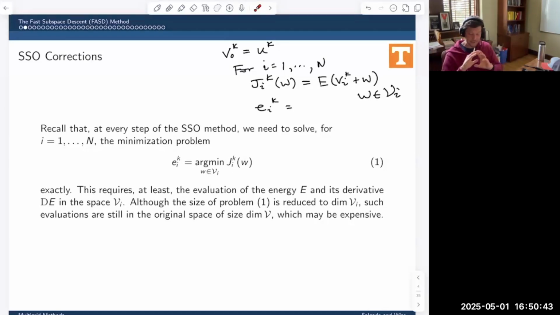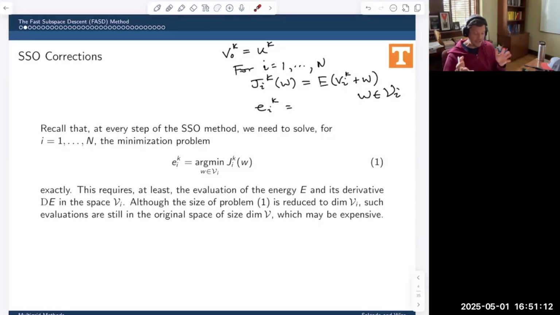I can put everything in the perspective of doing this optimization of my energy, what's called the ambient energy, over these subspaces, and that can completely characterize my entire multigrid algorithm.